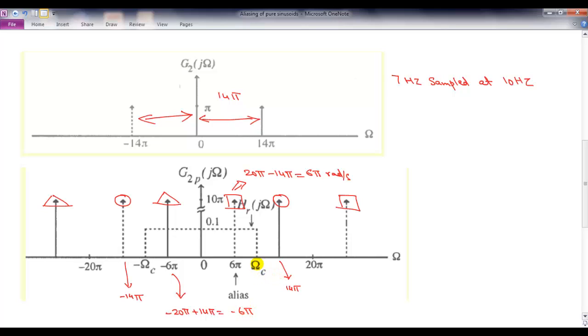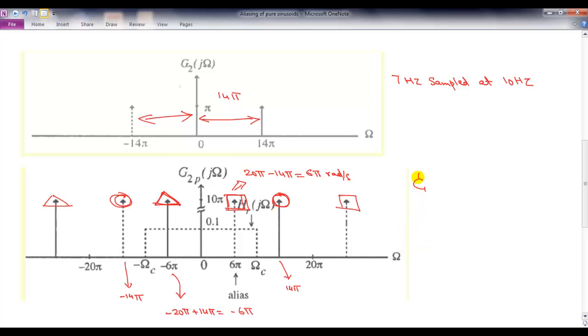For reconstruction now, I will low-pass filter from minus pi by T to pi by T, which means that the original copy, this circle, is going to be excluded altogether. When I low-pass filter, I actually get this version due to the triangle, which is coming from the copy situated at minus 20 pi, and this version due to the square, which is coming from the copy situated at 20 pi.